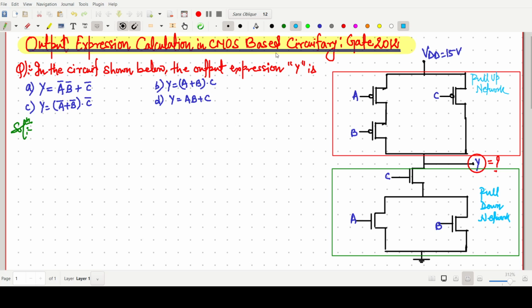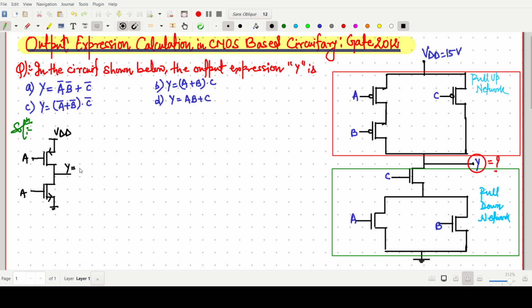To understand this concept, first I am making use of a simple circuit, that is our CMOS inverter. This one is our VDD, and for the time being I am saying this one is an input and this one is also the A input. We can connect the same thing, and this one is Y. Both are connected here.